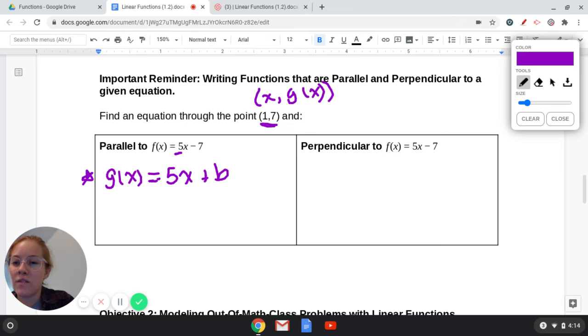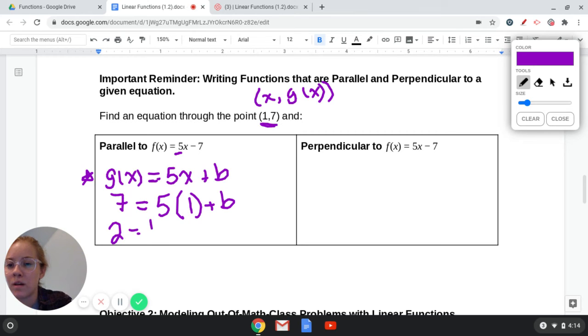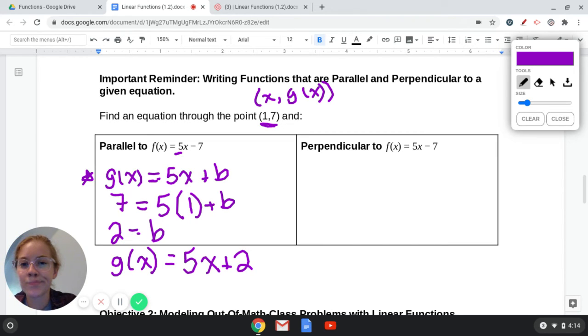So g of x is 7, and that equals 5 times x, which is 1, plus b. So if we solve for b, we subtract 5 from both sides, we get 2 equals b. Which means our function g of x is 5x plus 2. And that's it for that one.